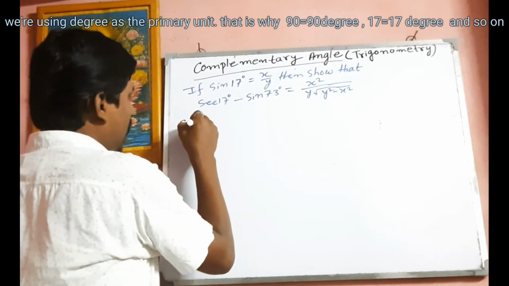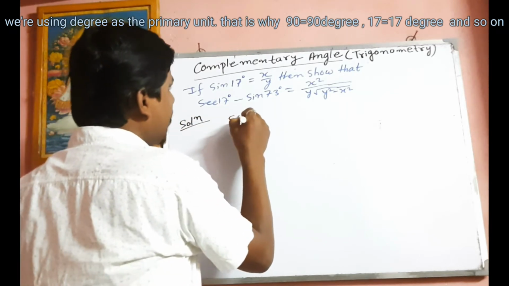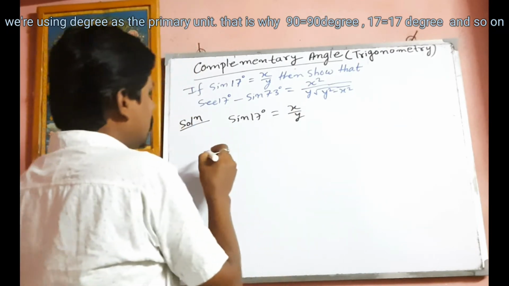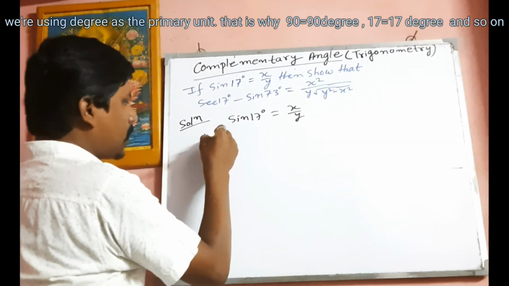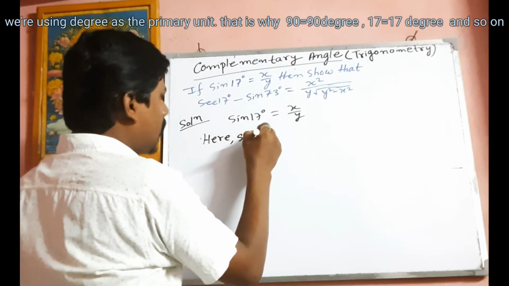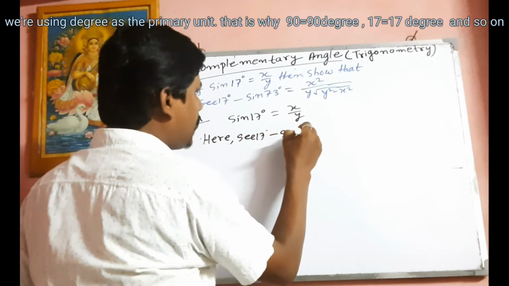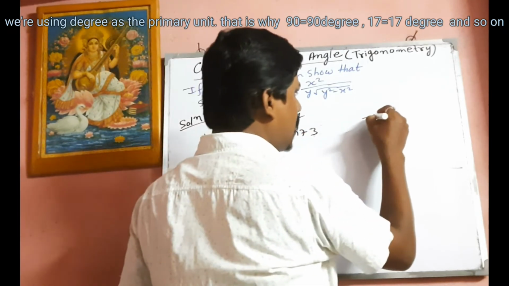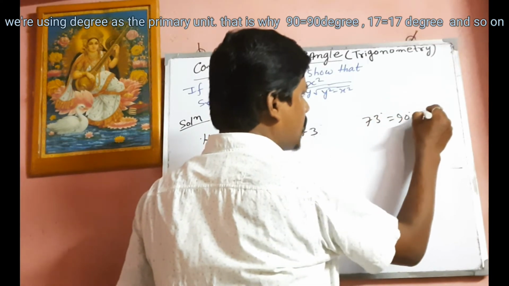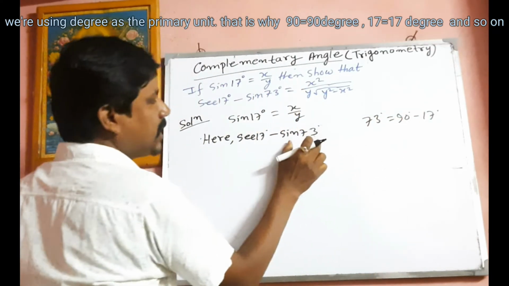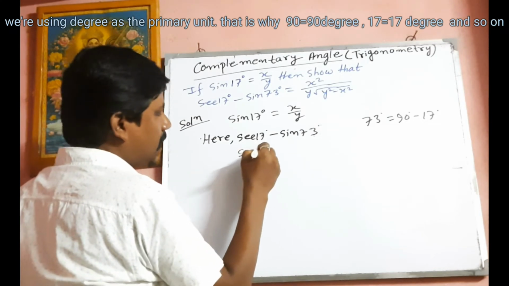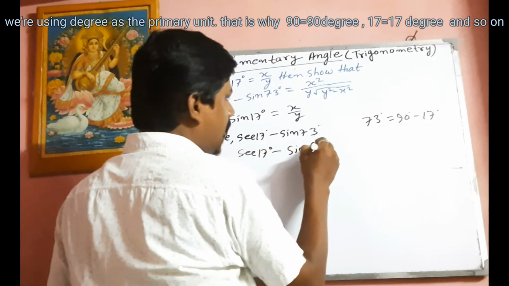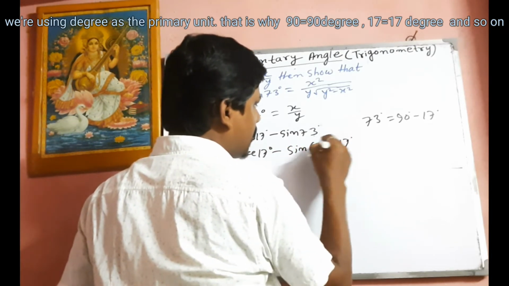Now in the solution part, sin 17 is equal to x by y. Here sec 17 minus sin 73. 73 means 90 minus 17. We are using here sec 17 degrees minus sin of 90 degrees minus 17 degrees.